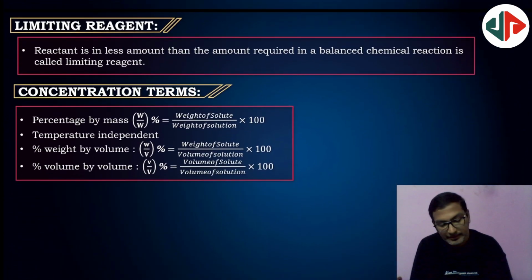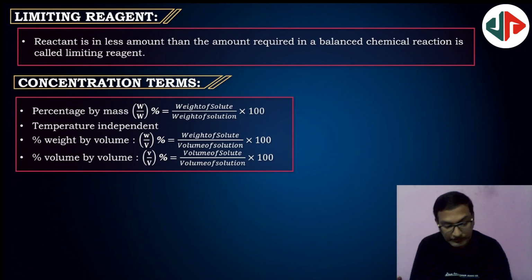Next, limiting reagent. Simply, the reagent or reactant which is completely consumed in a chemical reaction is the limiting reagent. It is the reactant present in lesser quantity. Finding the limiting reagent is very, very important, because based on the limiting reagent you can calculate the masses of products formed.